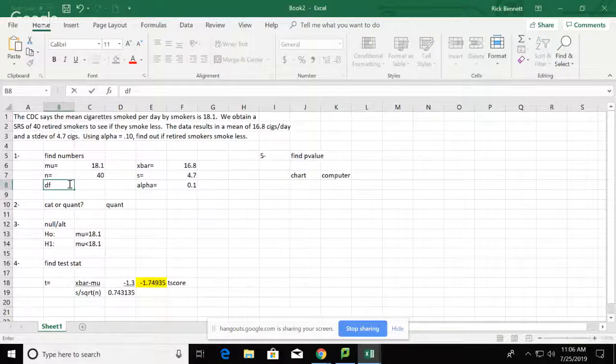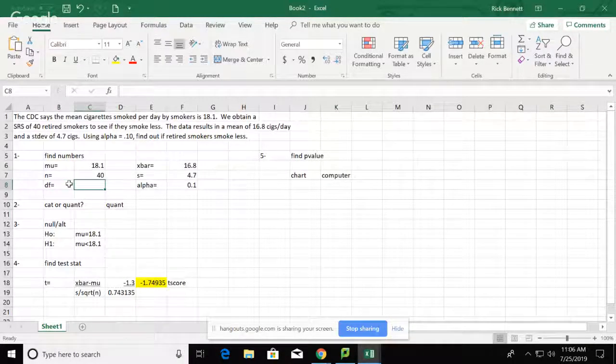Degrees of freedom equals n minus 1. So 40 minus 1 is going to be 39. You only need degrees of freedom on the t-test. You'll need it on the chi-square test, but that's a completely different formula. But for the t-test, it's n minus 1. So I've got 39 degrees of freedom.